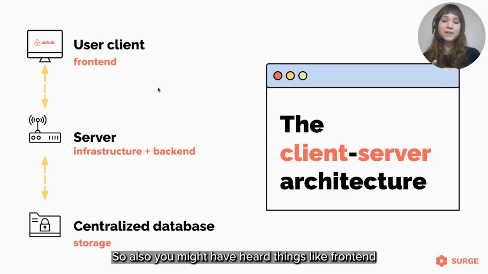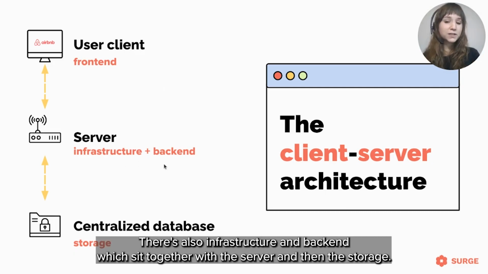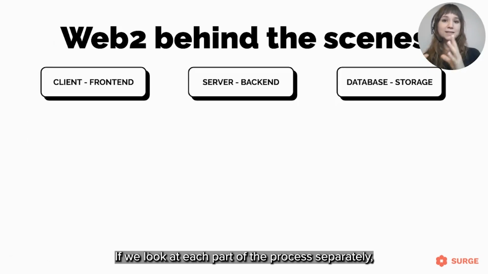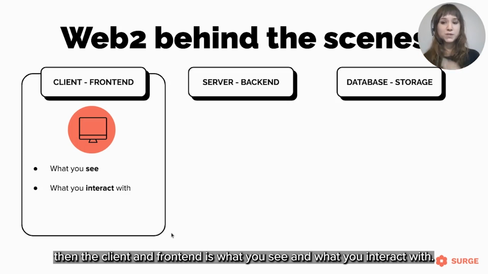So also you might have heard things like frontend, and you should associate that with the user client, with the browser. There's also infrastructure and backend, which sit together with a server, and then the storage. So all different databases that are holding information. If we look at each part of the process separately, then the client and frontend is what you see and what you interact with.